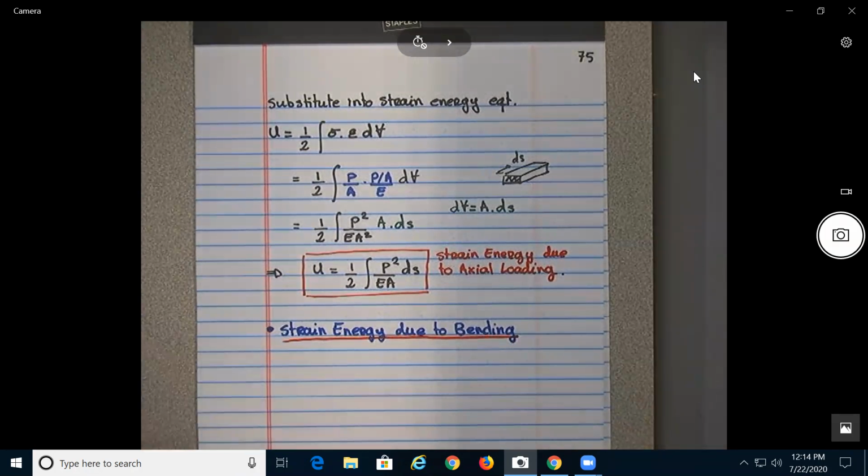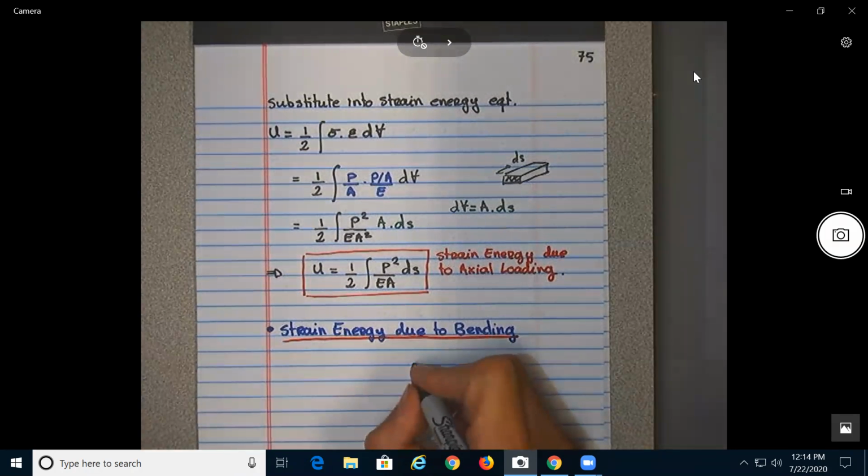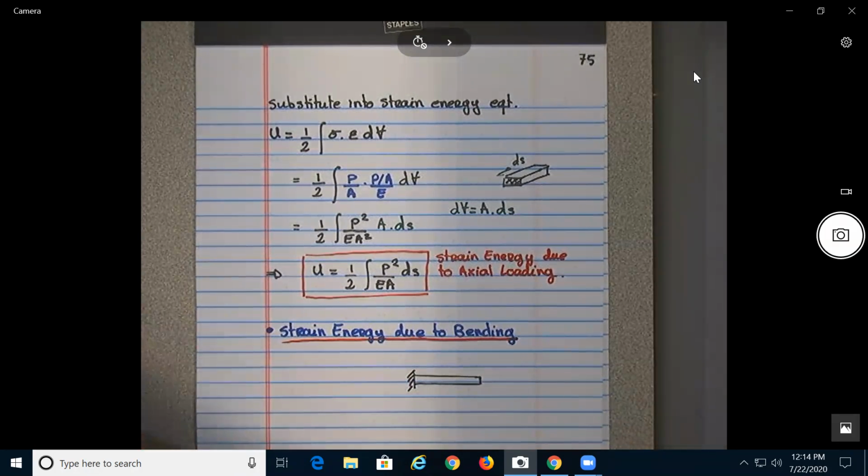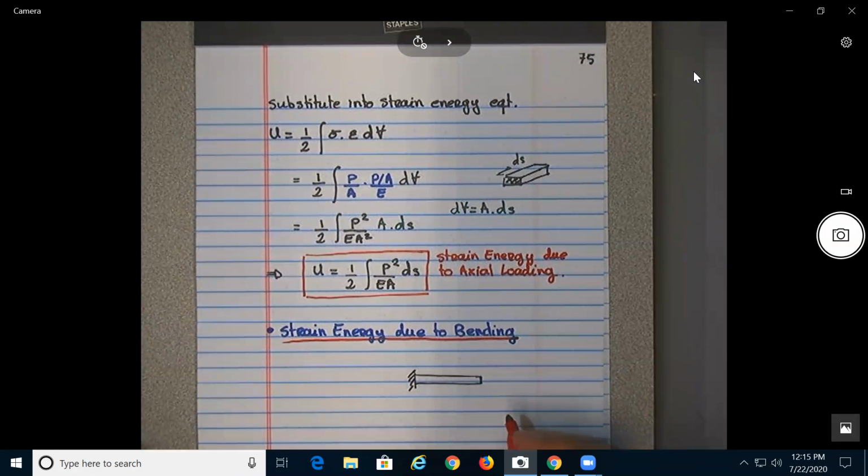Okay, so if I follow exactly the same steps that I did before, this time let's assume, it can be a force, but since we just call it a bending moment, let's assume a moment over here.